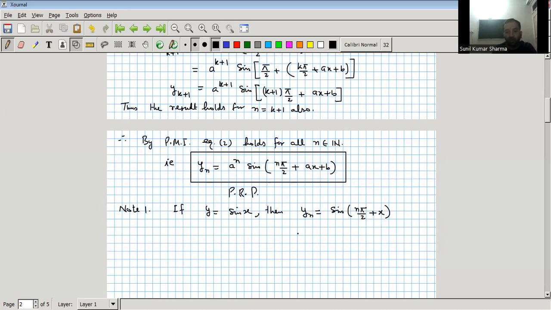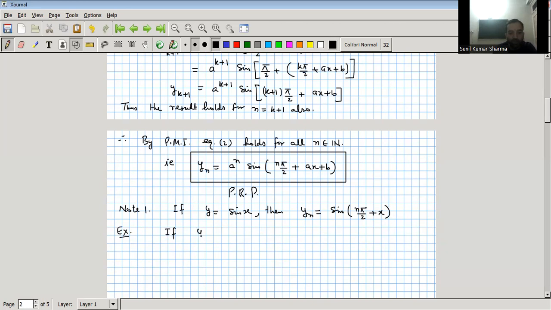Go through the general result, sin ax plus b. Put the value of a as 1 and b as 0, and you find this out. You can also prove this, right? Here is some example.